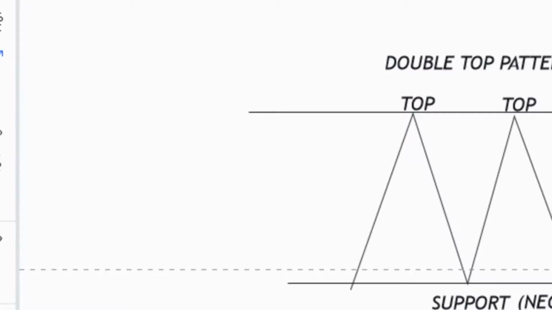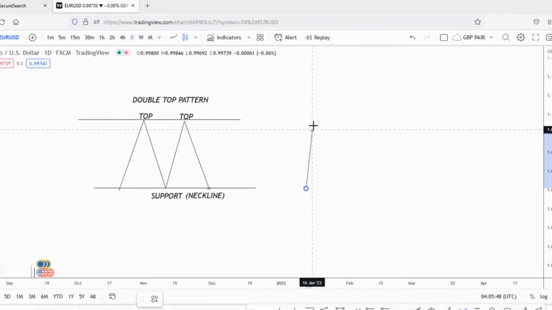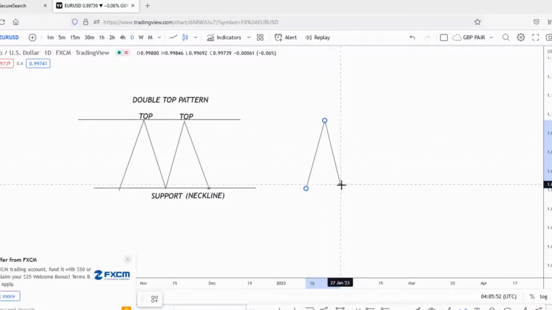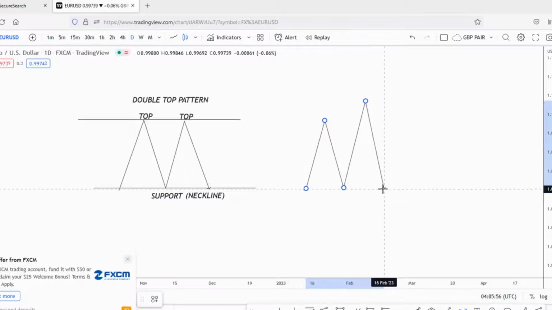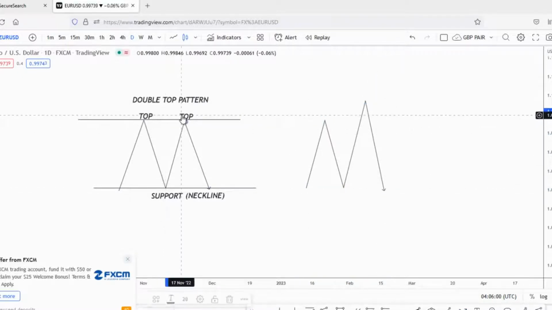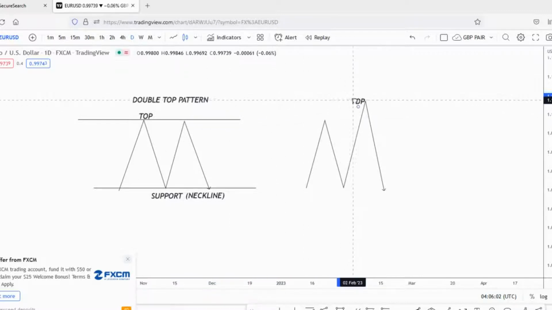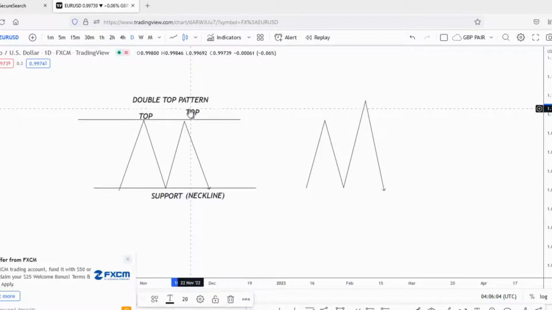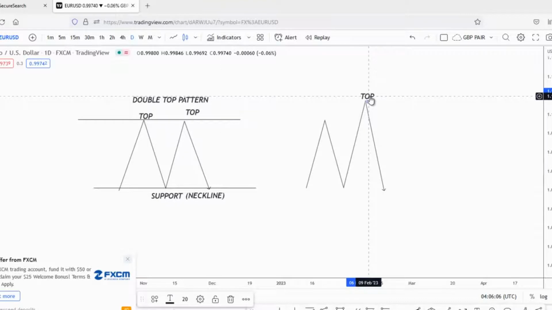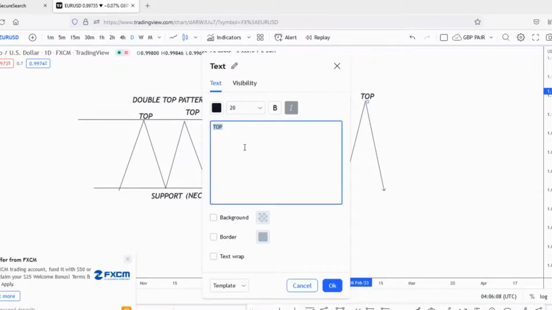So now we have something like this. Push to the upside, to the downside, and then you can see something like this, and then something like this. Now we call this kind of double top pattern a double top pattern with a higher touch.